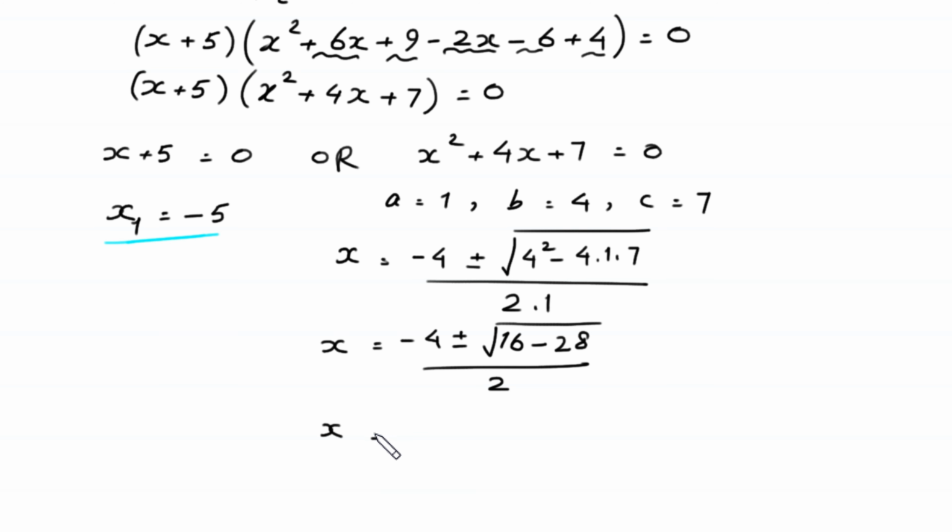So x is equal to (−4 ± √(16 − 28)) divided by 2, which is −12 under the root.